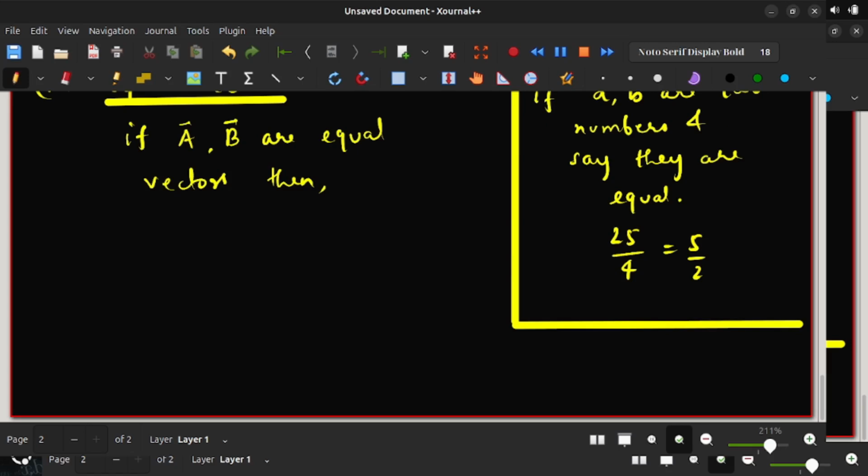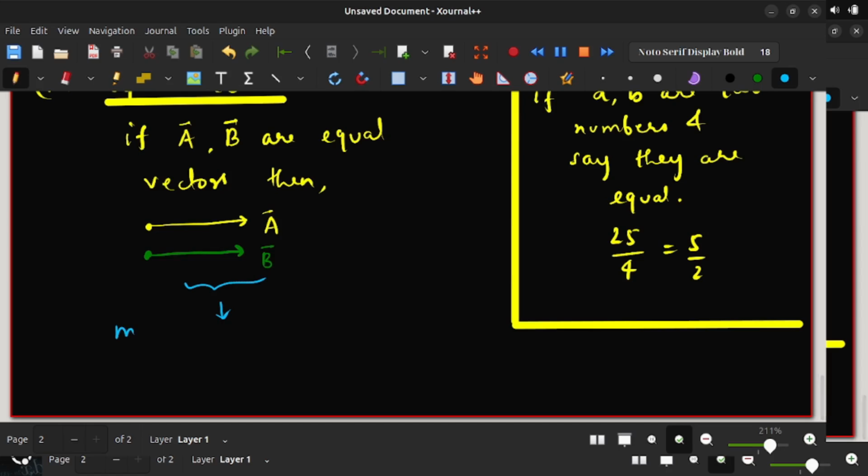So the length of the vector should be exactly the same. If this is A vector, then the length of the B vector should be exactly the same as well, but in the same direction as well. So you can't pick the opposite direction or anything like that. You can't pick two vectors whose lengths are equal but not their directions. So both of the things should be the same.